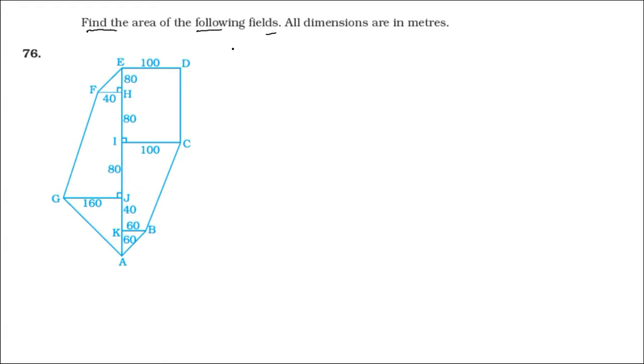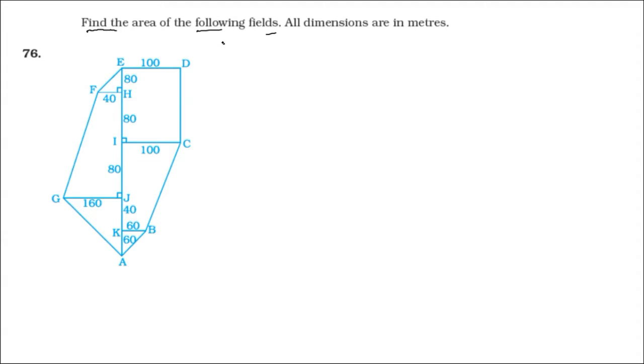The area of this figure is nothing but the area of the triangle EFH, plus the area of this rectangle EDCI, plus the area of the trapezium FGJH, plus the area of this trapezium ICBK, plus the area of the triangle KAB and also the area of triangle GJA. When we add all these areas, we get the area of the figure.